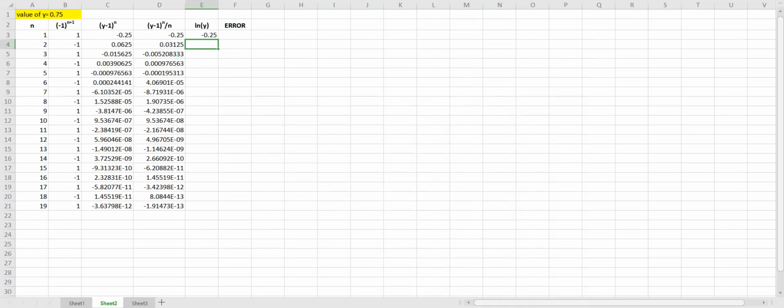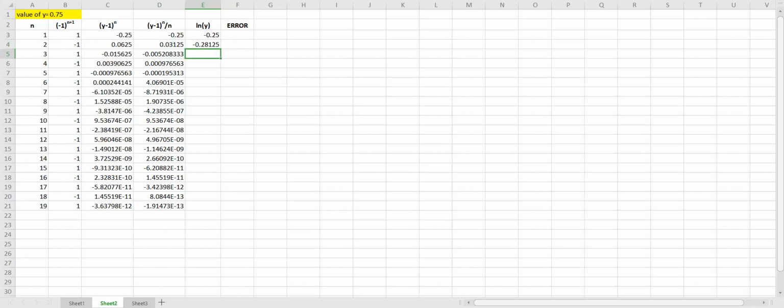When we get the sum, as the value of n progresses, we add the previous value, which is this one, to the value of the next product of the Taylor series, which is this column times this column.